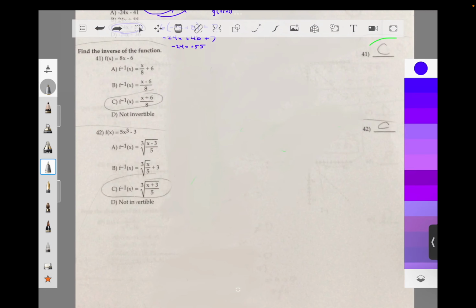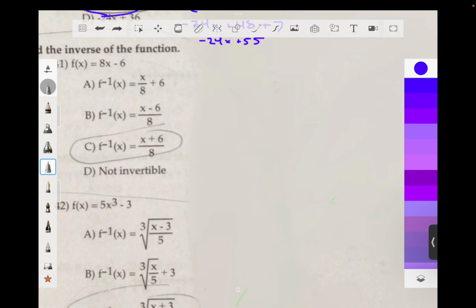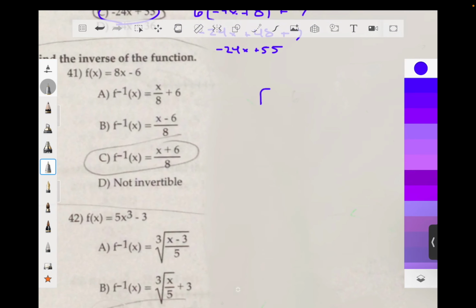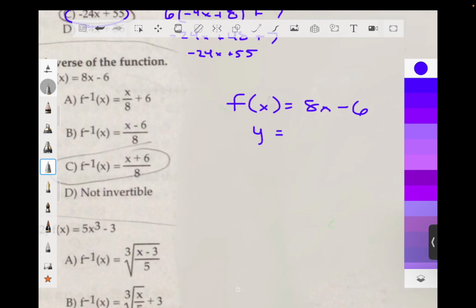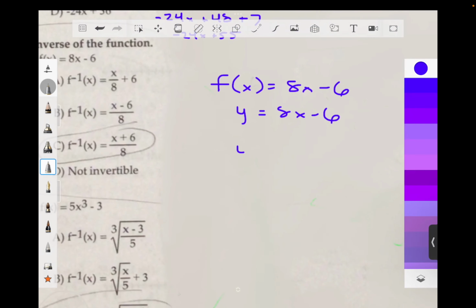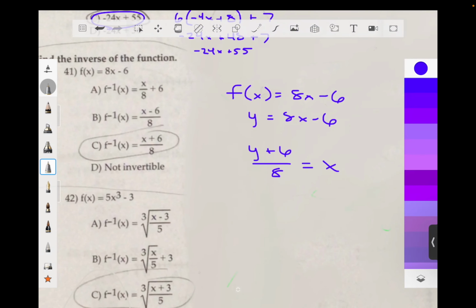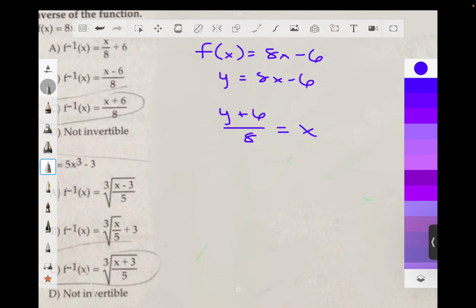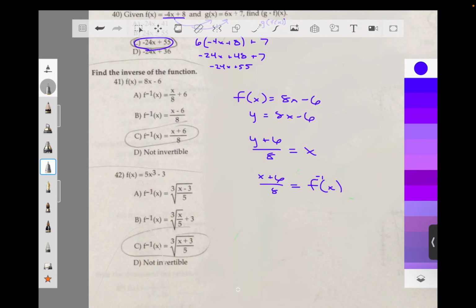Oh no, I'm solving for x? Yeah. Okay. That is that answer.